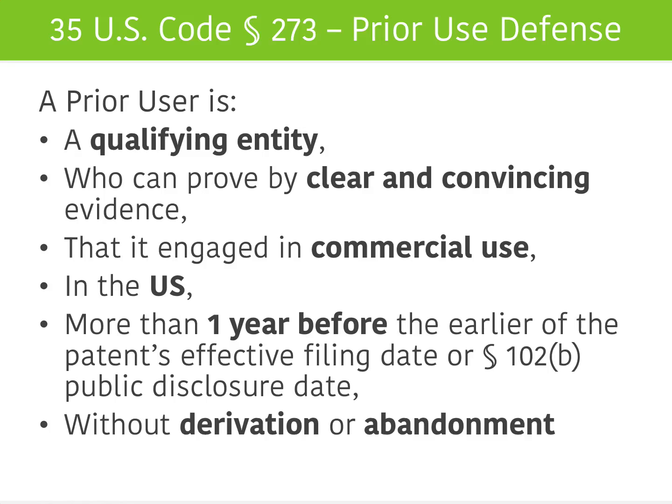So a qualifying entity who can prove by clear and convincing evidence that it engaged in commercial use in the U.S. more than 1 year before the earlier of the patent's effective filing date or the 102B public disclosure date without derivation or abandonment. So more than 1 year in the U.S. And that you engaged in commercial use of the technology and you didn't abandon it or derive it from somebody else, for instance, the people who patented it.